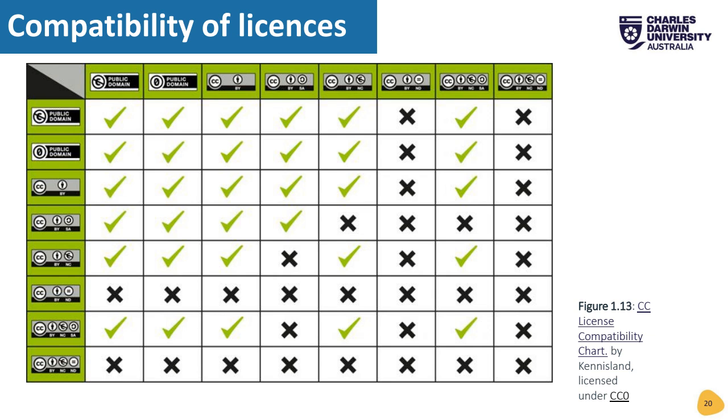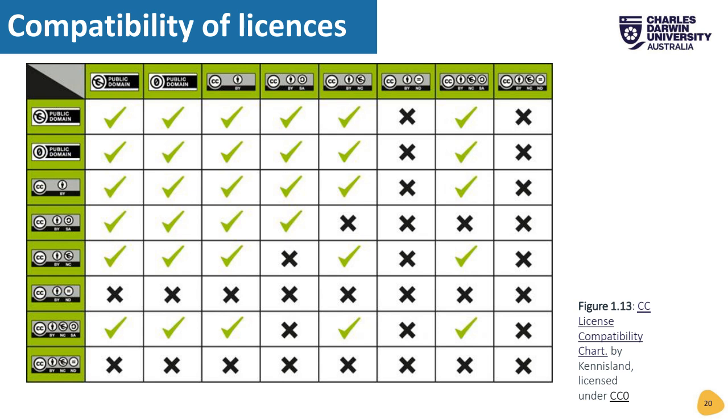This table here shows us the compatibility of licenses and how you can actually incorporate them depending on which ones you're actually using and how open they may be. So if we have a look at the public domain, you can have a look across and see if they actually are compatible with other licenses.